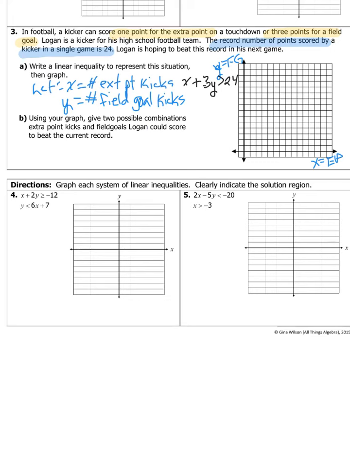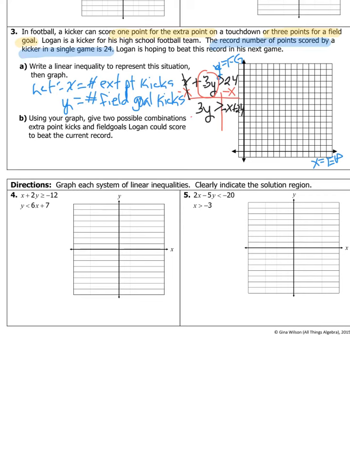So to graph this, it has to be solved for y. So we're going to solve the inequality for y. Get the 3y by itself. So subtract x, subtract x. So you get 3y greater than, the x and the 24 are not like terms, so negative x plus 24, squeeze it in there.